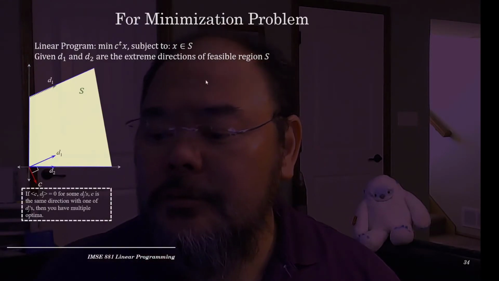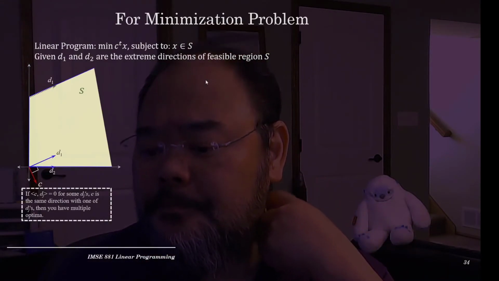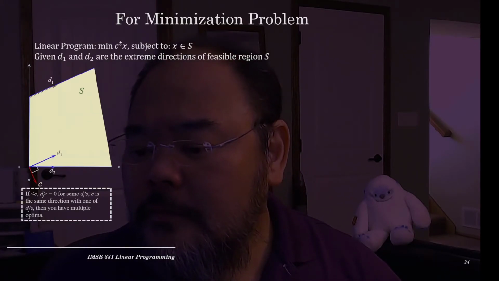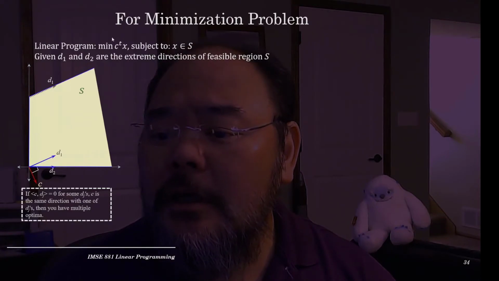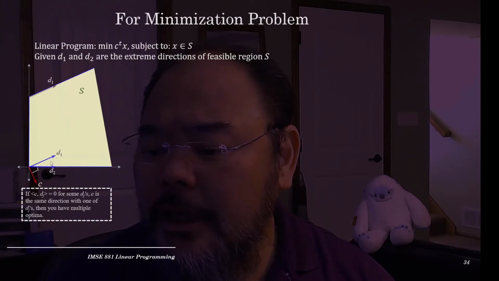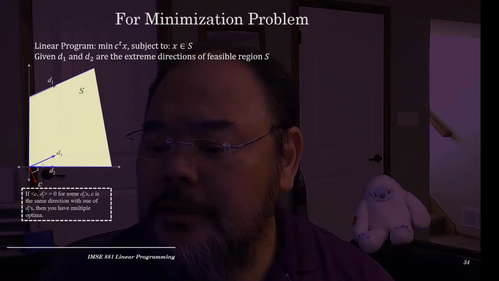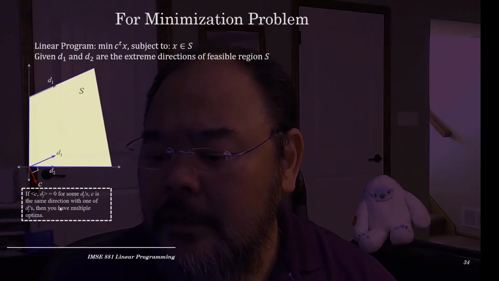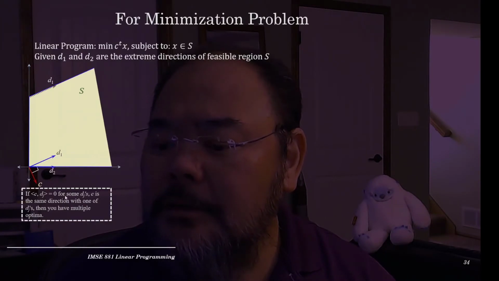Let's take a look at the relationships. The first relationship: if c is the cost coefficient vector and the dot product between c and dj, d1 and d2 in this case, equals 0 for some dj, then c is perpendicular to one of the dj. Then you have a so-called multiple optimal solution.